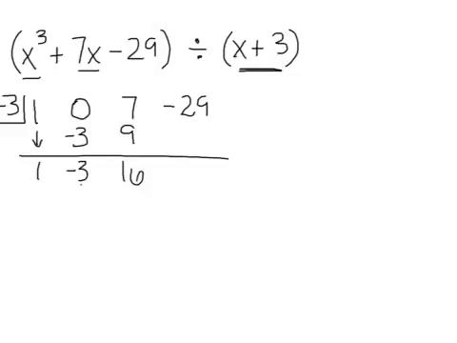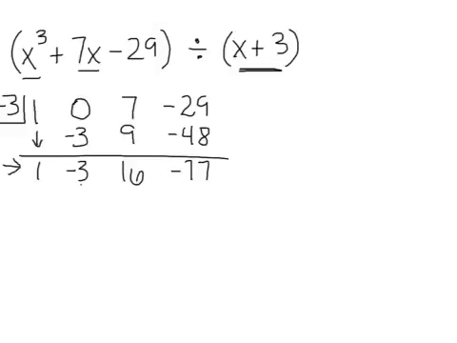Then we multiply 16 times the negative 3 in the box, and we get negative 48. Negative 29 plus negative 48 is negative 77.